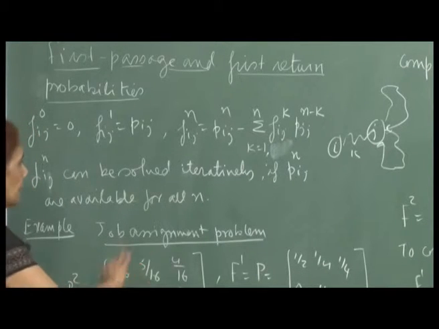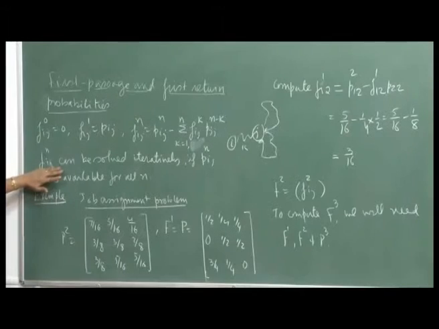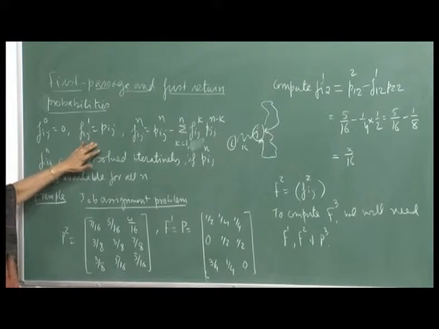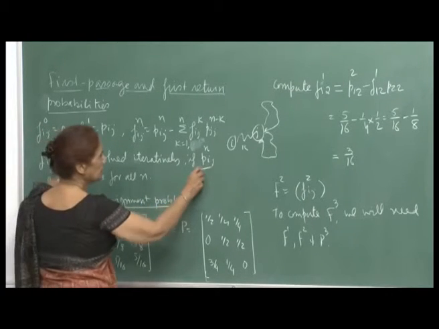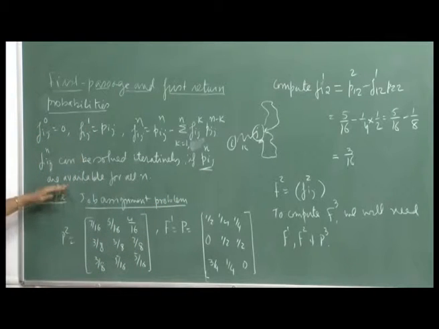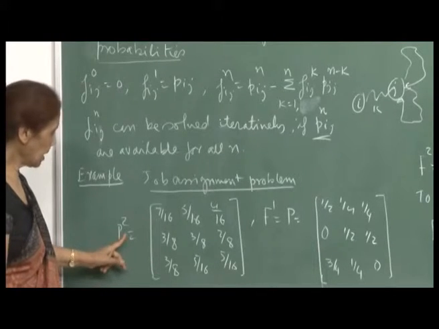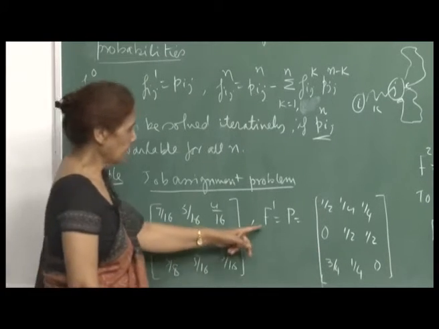So I thought that I would revisit this and explain it much better. Now, we can solve these iteratively from these equations given the initial conditions here. But then we need the Pij(n)'s to be available for all n to compute this, right. So just look at this example again, the job assignment problem. We have P squared as this, and F1.